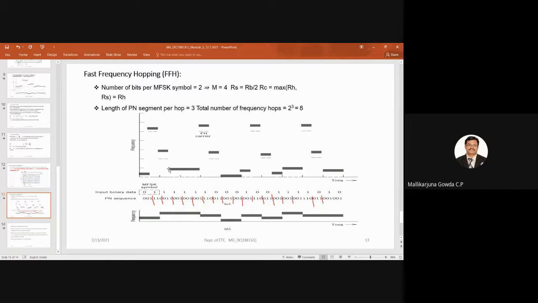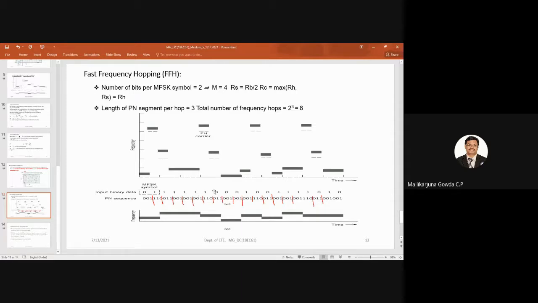So it is at the same hopping frequency for this symbol 1, 1. Next symbol is also 1, 1. For that, hopping frequencies are different: one is FC6, next one is FC3, next one is FC1. So FC6 is here, then FC3, then FC1. This point is clear. 1, 1, then 1, 1.